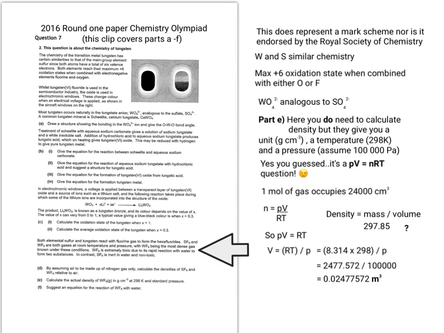But we want grams per centimetre cubed. So if we take 1,000,000 centimetres cubed being present in 1 metre cubed, that means we've got 24775.72 centimetres cubed per mole to the minus 1. So what we've now got to do is work out density. So we now have the volume.